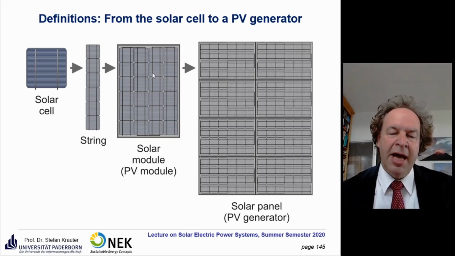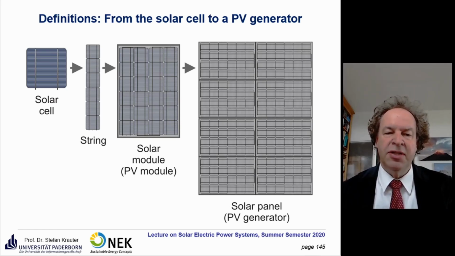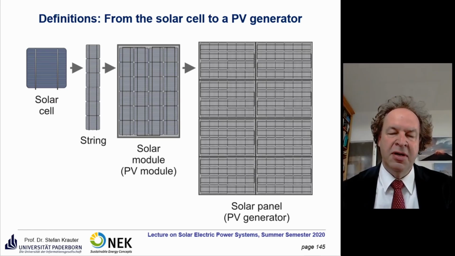If you need higher power outputs, you interconnect those solar modules to a so-called solar panel or a photovoltaic generator. Usually you interconnect them in series up to the maximum permitted voltage, which was formerly about 600 volts DC, was increased in the last years to 1000 volts DC, and the newest modules have the maximum permitted voltage of 1500, and there are even some prototypes which permit 2000 volts.